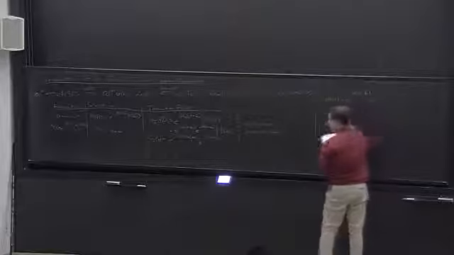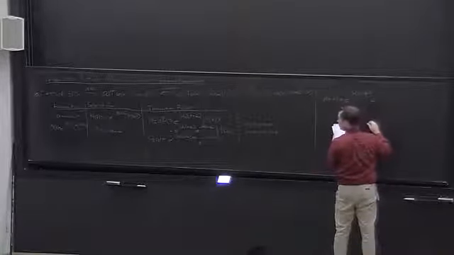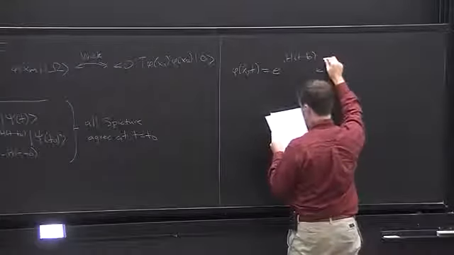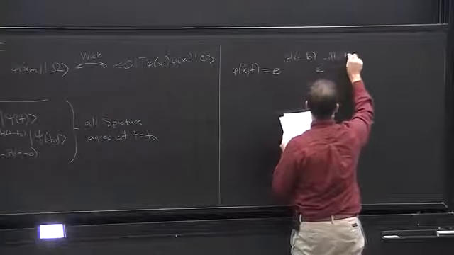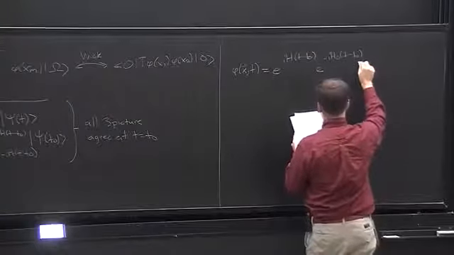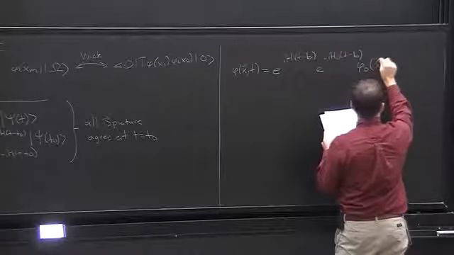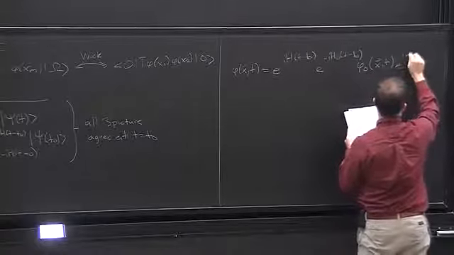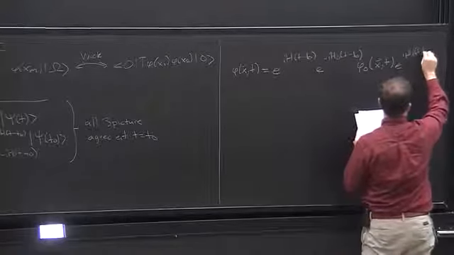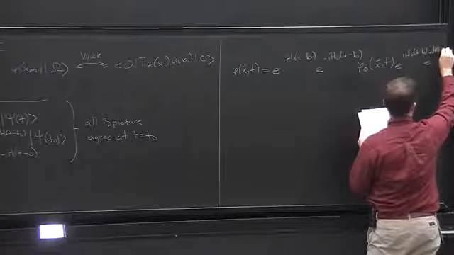Then if we invert this relation, we get e to the minus i H naught (t minus t naught) times the interaction picture field times e to the i H naught (t minus t naught) e to the minus i H (t minus t naught).